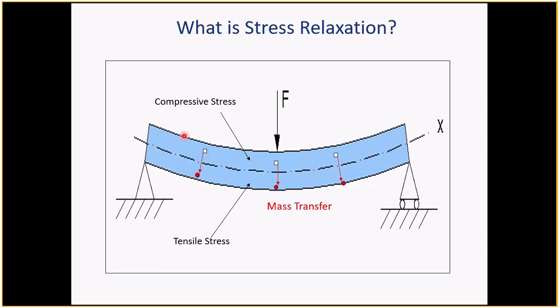So in irradiation, we have interstitials and we have vacancies, so we can do that relatively easily. Now you can also do it thermally, because a vacancy would move from here to here and you'd get stress relaxation.